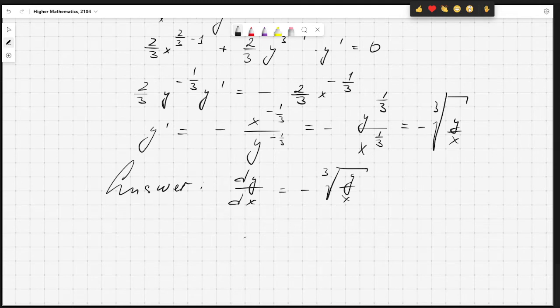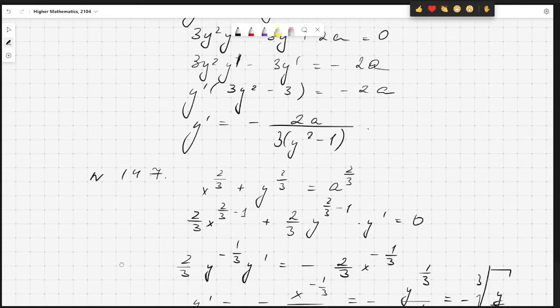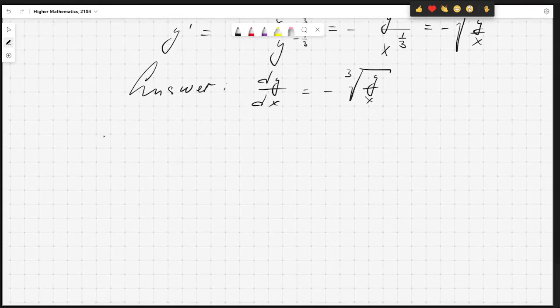Okay. Next example, 149. X cubed plus y cubed minus 3axy equals 0.